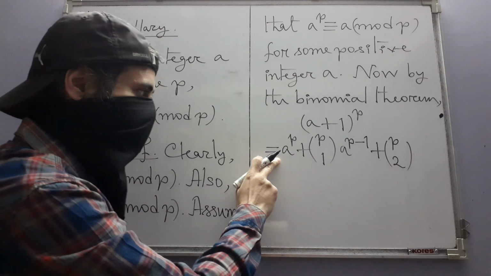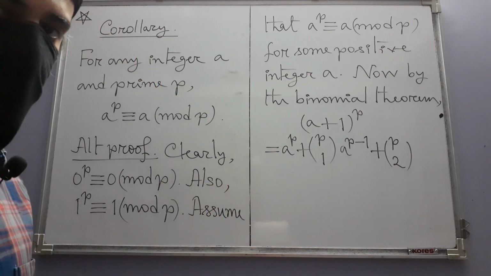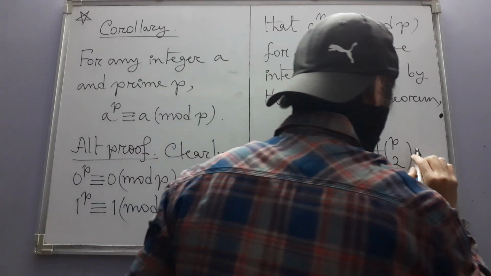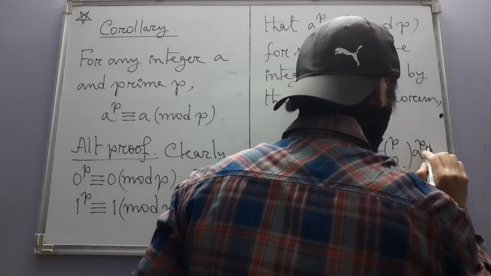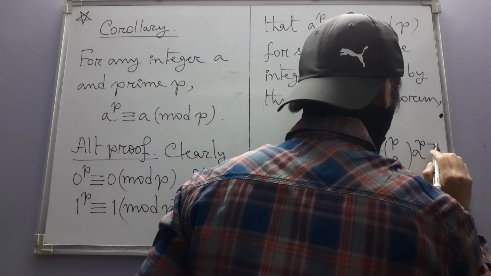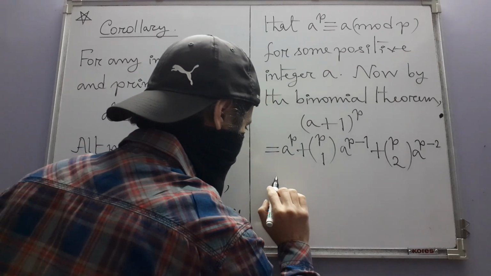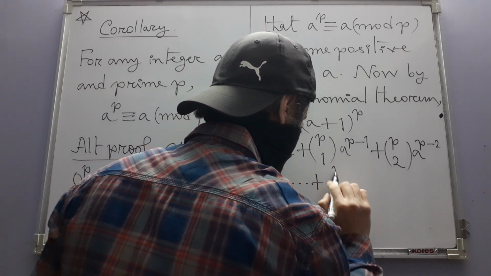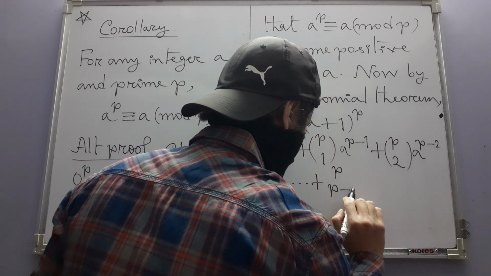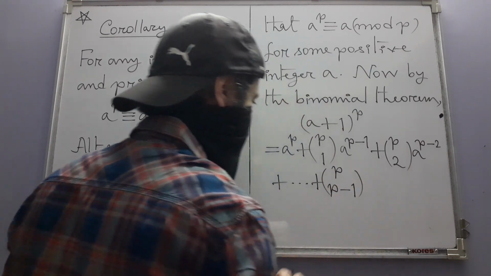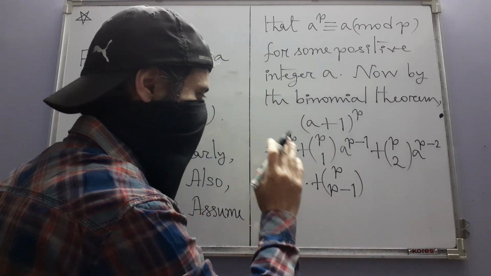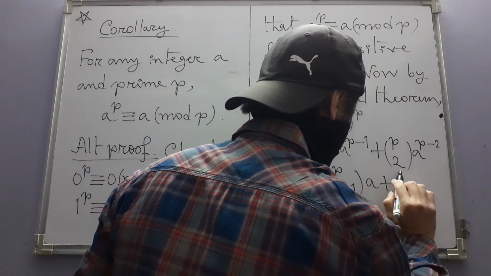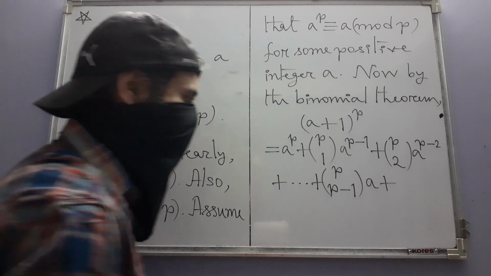Actually, you know that we also have p choose 0 here because that is 1, we haven't written that. A to the power p minus 2 and like that it goes, and finally before we reach the last term we have this binomial coefficient and here we will have a and then plus p choose p which is 1.